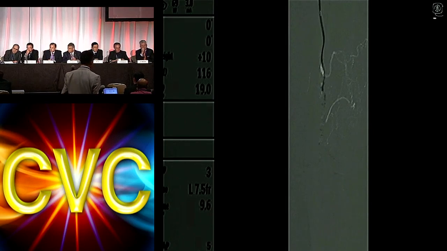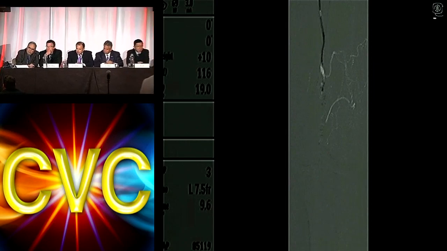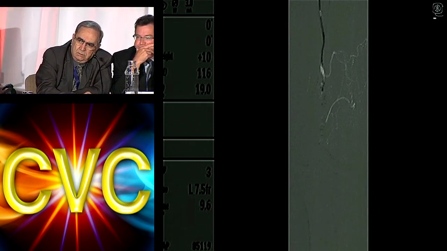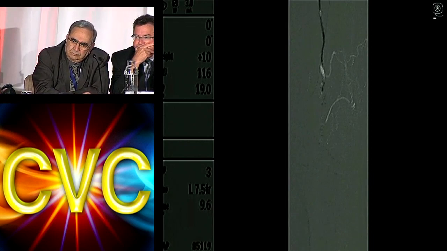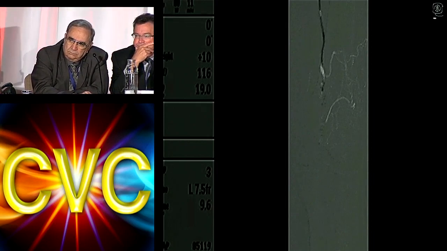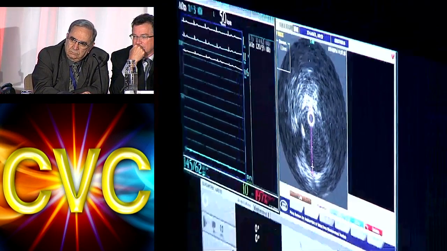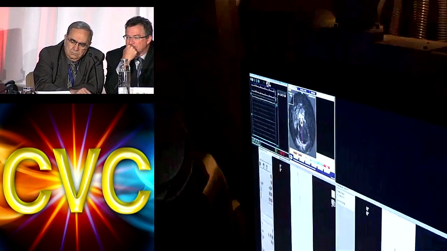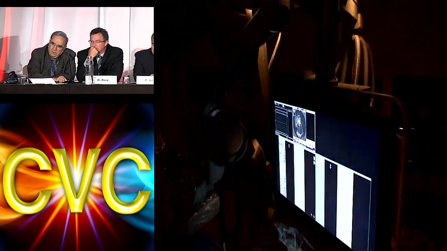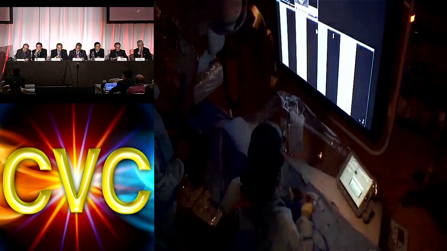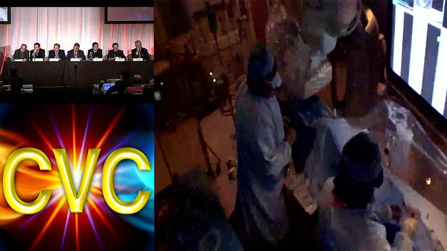What's the size of the wire? Is it 018? The gold tip is 018. I have to say it's a pretty firm blockage. I don't know if that's just really old restenosis or true calcification.